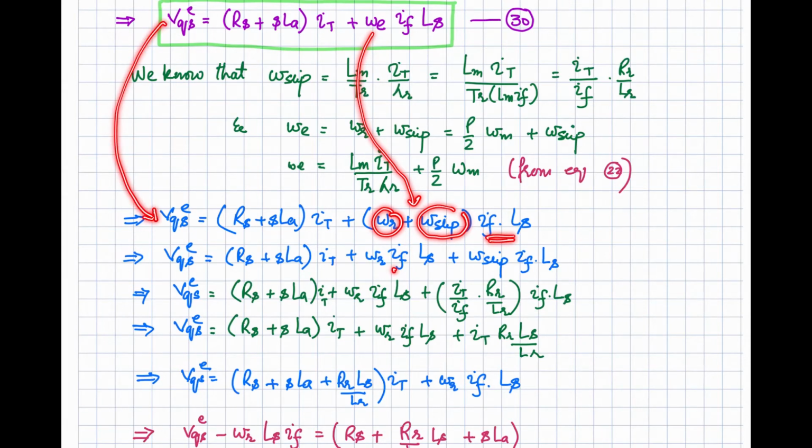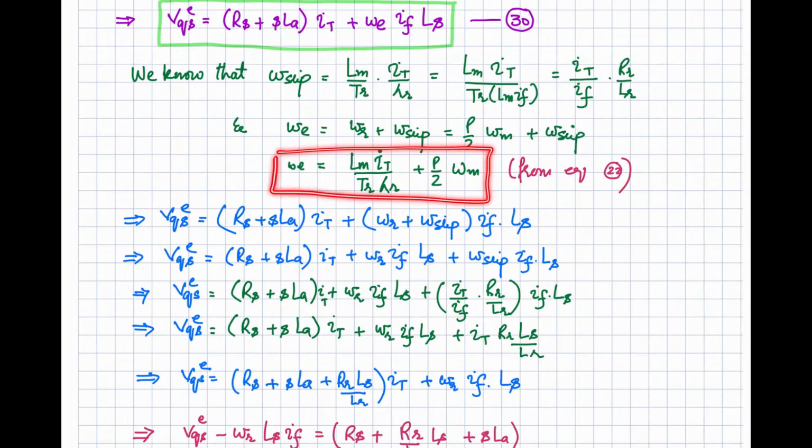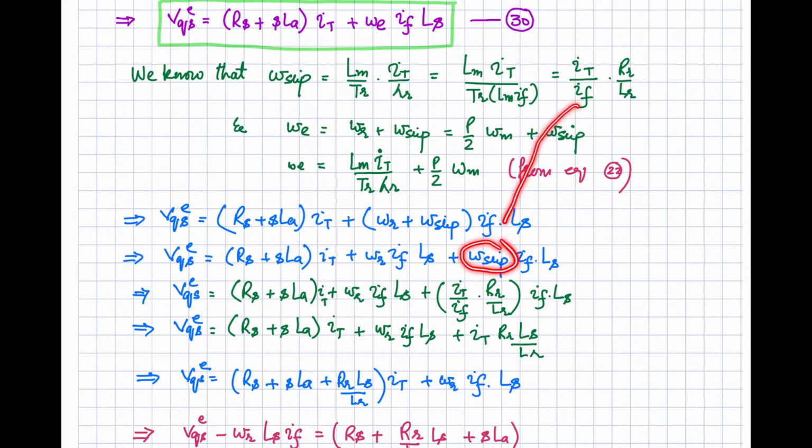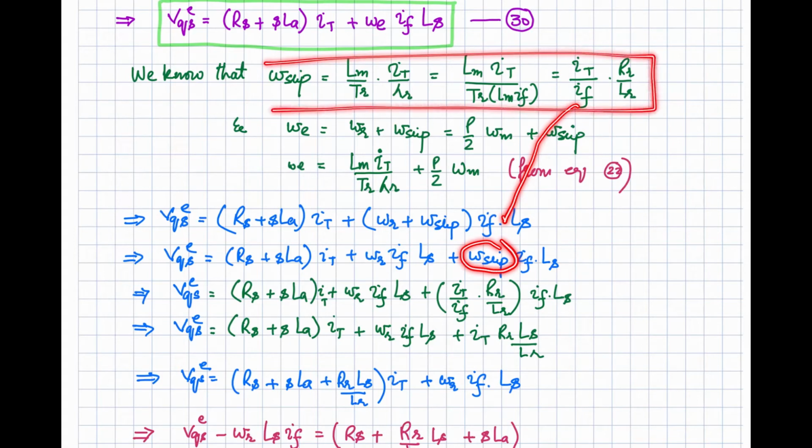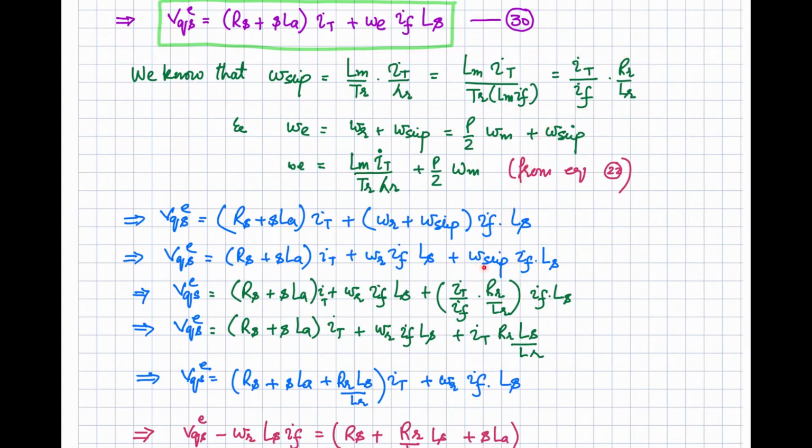And now we are going to use the expression for omega e that is defined over here, and we are going to update the voltage equation. You can see omega slip is first of all coming from this set of equations, and we are going to represent it in terms of the motor parameters, and finally we get this equation.